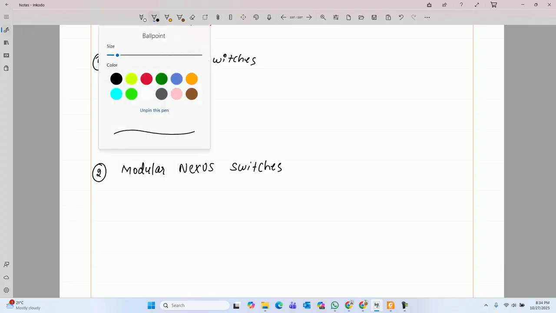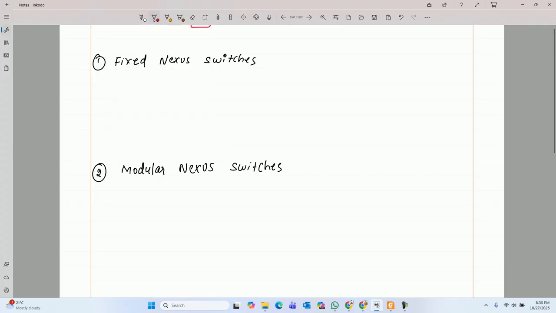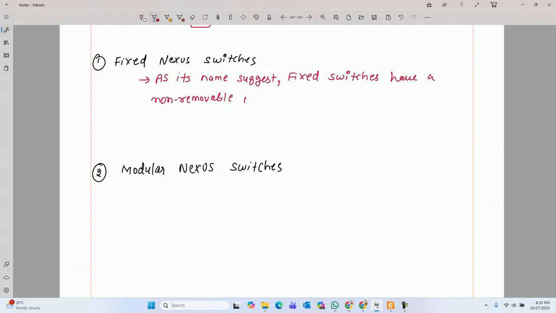Okay. So, yeah, as its name suggests, fixed switches have a non-removable chassis.